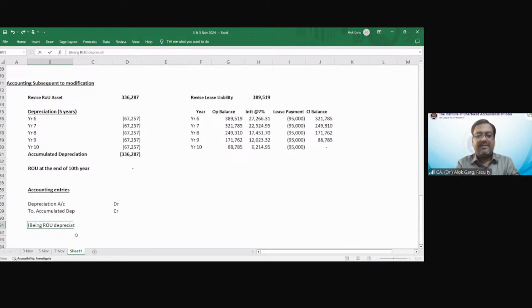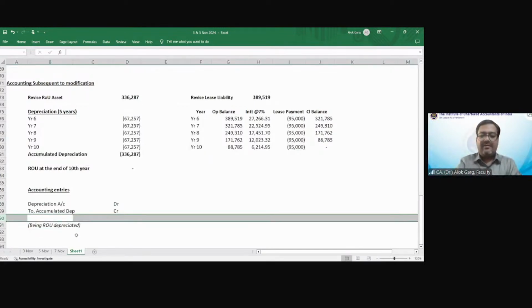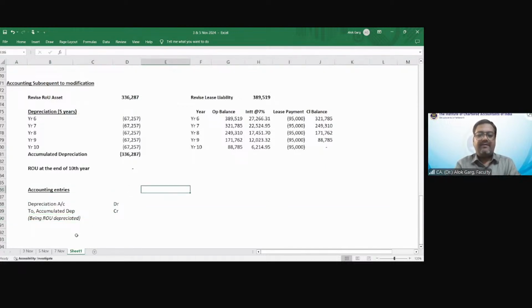Okay, so this is the accounting entry for depreciation. सर नरेशन भी लिख दो, ठीक है जी, being ROU depreciated. ये देखो नरेशन भी लिख दी मैंने. ओके, ईयर 6, ईयर 7, 8, 9 और ईयर 10. ओके, क्या होगा डेप्रिसिएशन? सेम ही होगा ना डेप्रिसिएशन तो?